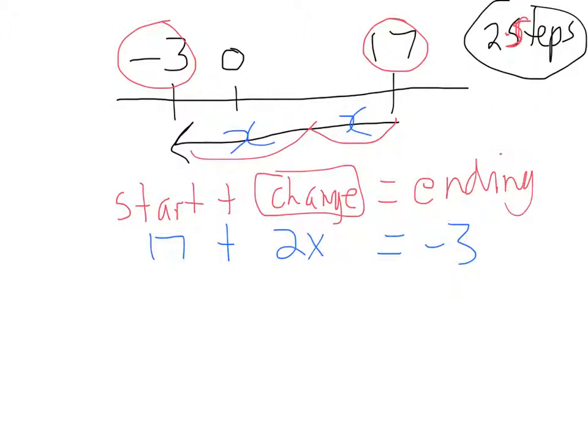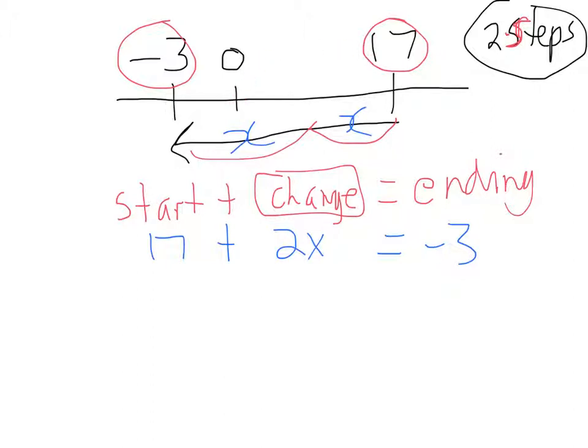So in terms of the change, what is the difference between 17 and -3? If you remember, it's end take away start, and we know that is negative because it's pointing to the left. The change or difference is 20, because it's 17 to get to 0, and then another 3 to get to -3.